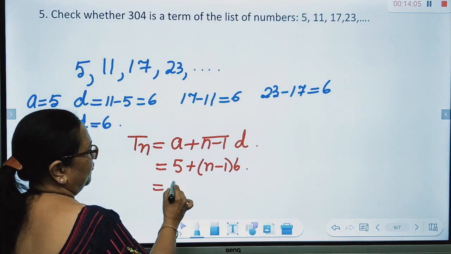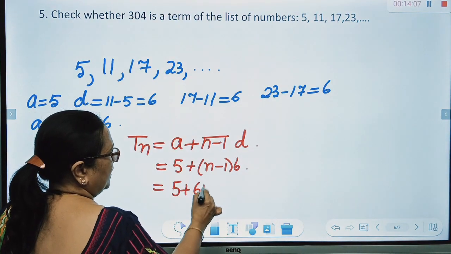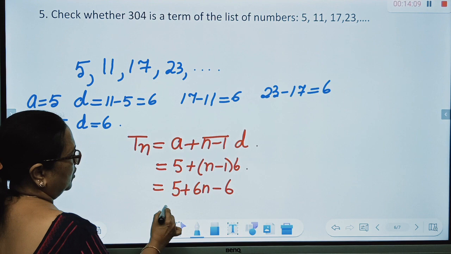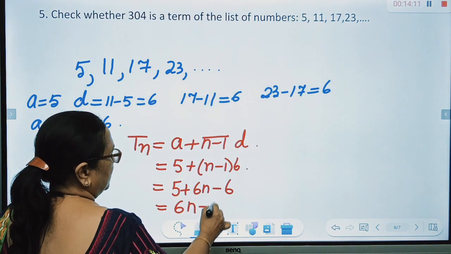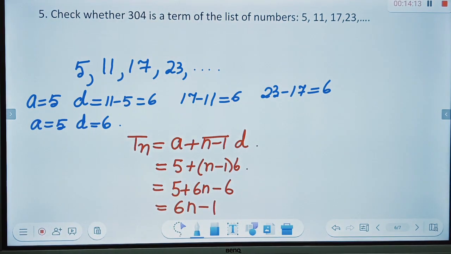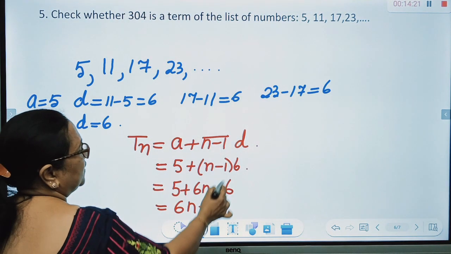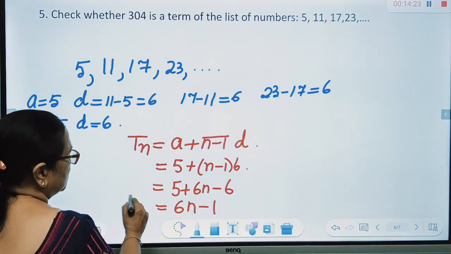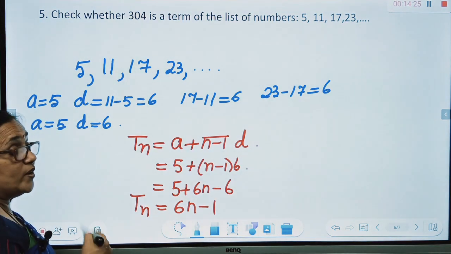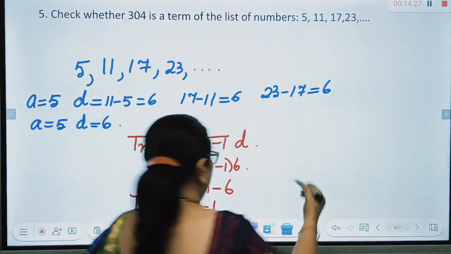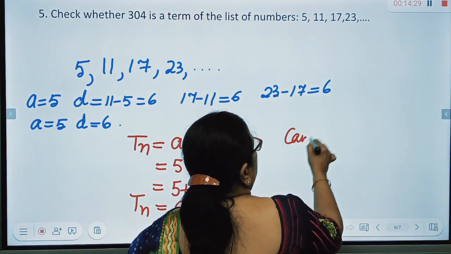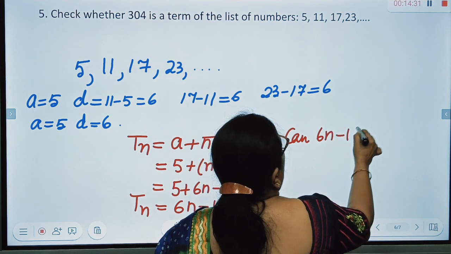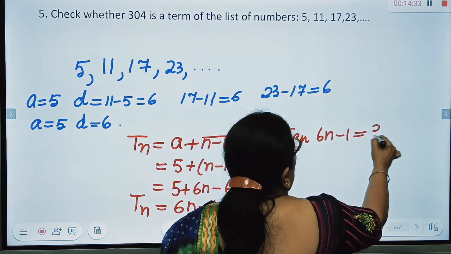This is 5 plus 6n minus 6, or 6n minus 1. So this is your nth term. The question that we are asking is, can the nth term, can 6n minus 1 be equal to 304?